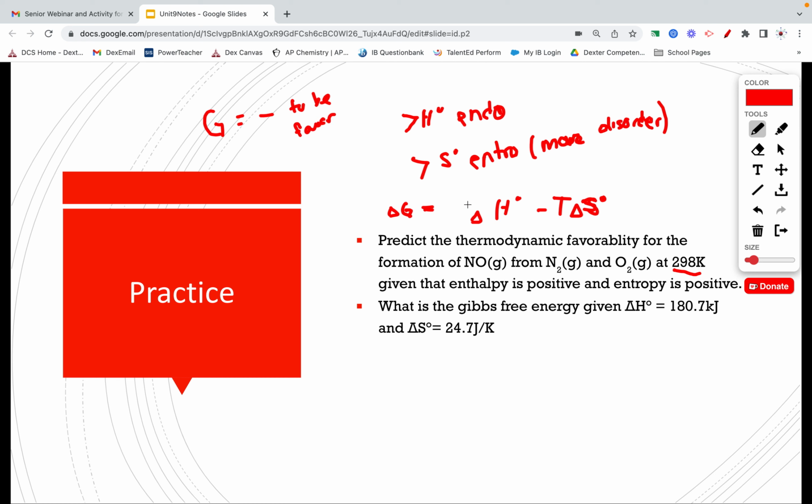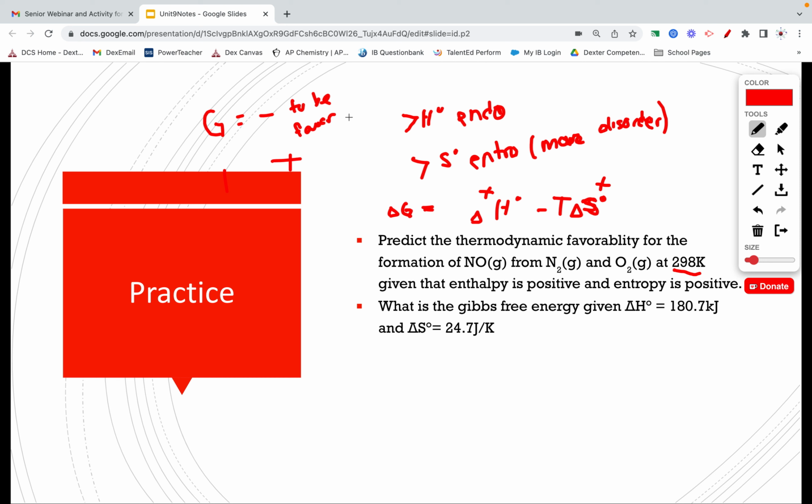So if we have a positive value here and a positive value here, the higher the temperature, the more likely it's going to be favorable. 298 is not a very high temperature, so we're going to assume that Gibbs is most likely going to be positive.